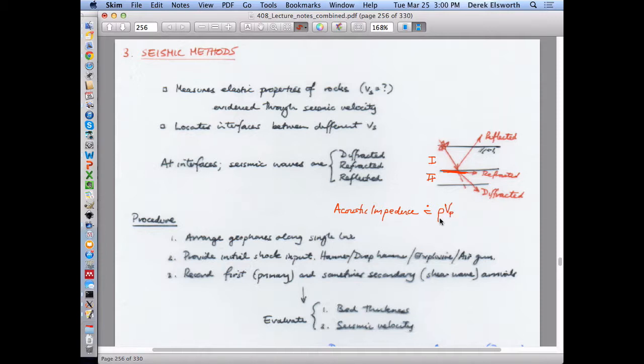Acoustic velocity in air is 500 miles an hour. In rocks it's larger because they're more dense. But so long as the product of the density of each of these layers and their velocities are different from each other, you will get a reflection from them, or the waves will travel differently in them.